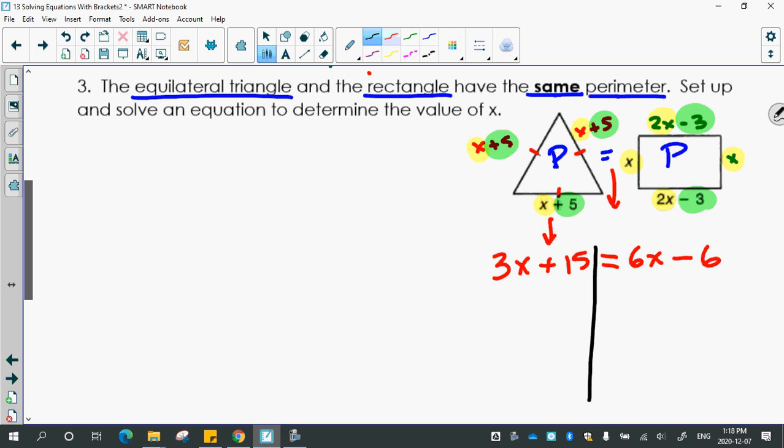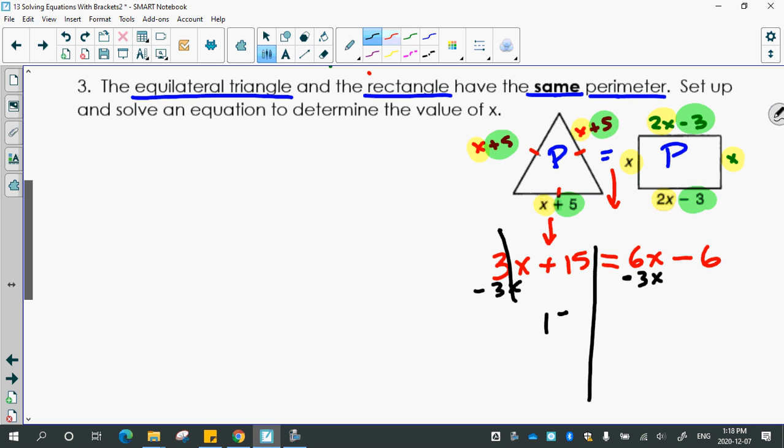Okay, so you have two choices. If you want to have a positive number in front of x, you would subtract 3x on both sides of the equal sign. If you don't care, you might subtract 6x on both sides. It's up to you. Okay?